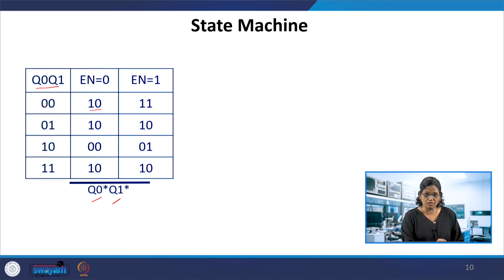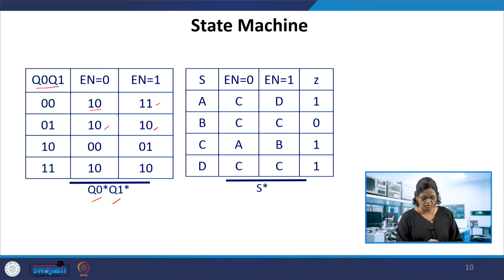If these two are 0 0 and enable is 1, this becomes 1 1 and 1 0, and here it stays over here: 0 0, 0 1, 1 0, 1 0. From this we assign alphabets to the states just to identify them.